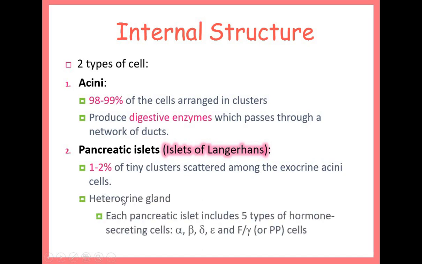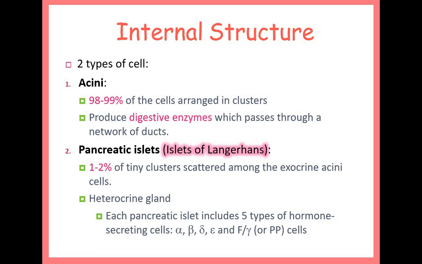It is heterocrine, that means the pancreatic islets have 5 different types of hormone-secreting cells, right? Because they are of different types, that's why we call it a heterocrine structure. So this heterocrine structure is made up of 5 different cells.